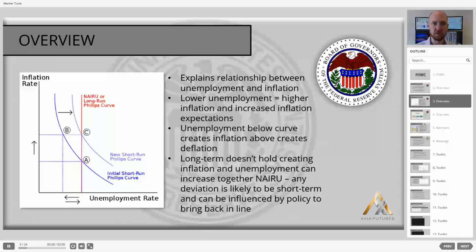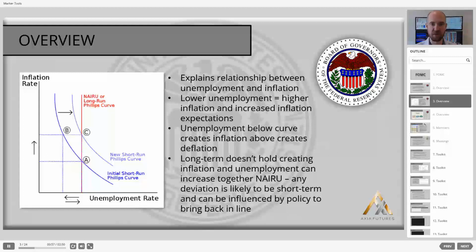But this also stokes inflation expectations, which then continues a cycle whereby the expectation of wage rises comes in. People demand higher wages. This then gets to a point that companies can't afford, and unemployment then starts to rise again, and this equalises. So what would effectively happen is, as unemployment falls, you move from point A to point B on the graph.